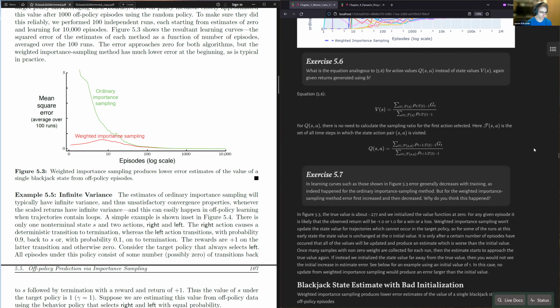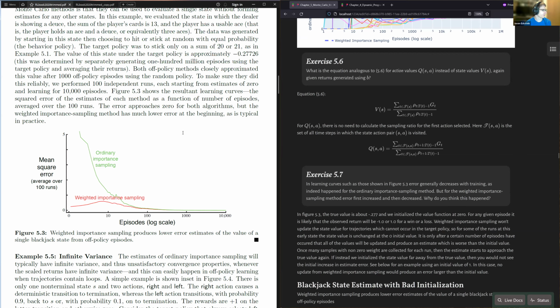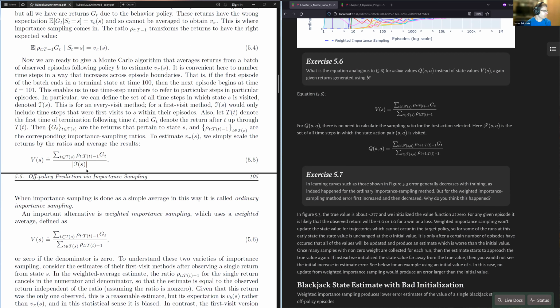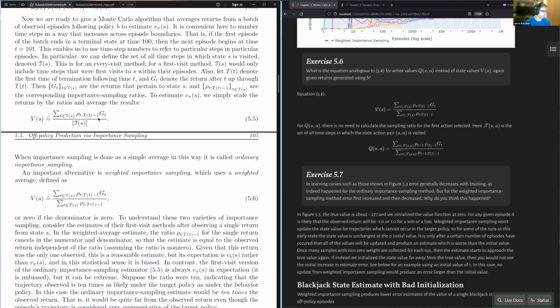So I think the thing that's happening here is that when you do weighted importance sampling, there is this subtle thing: if we do ordinary importance sampling and we don't have any non-zero weights, then this will be 0, because the numerator will be 0 and we'll divide it by 1 in that case.